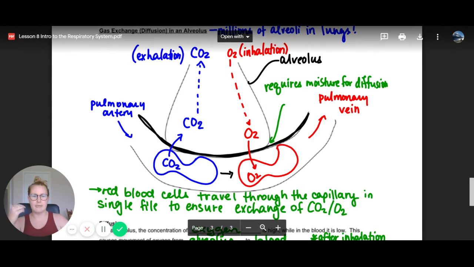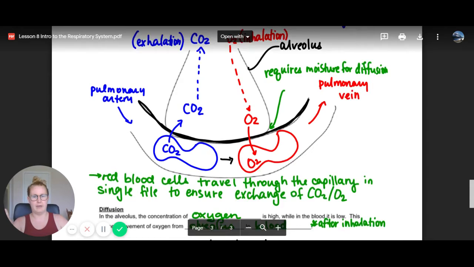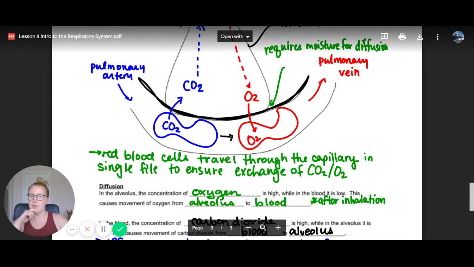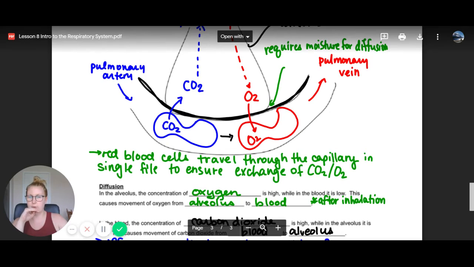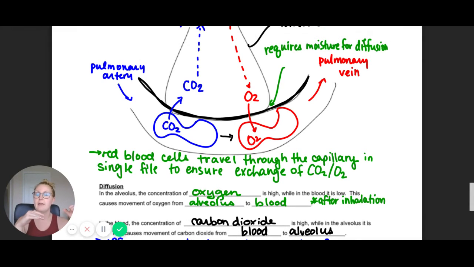So more about this inhalation, exhalation a little bit later. I just want to mention here, the red blood cells are moving through in single file. And I had mentioned in our blood vessels lesson 6, I believe, that we want to really slow the blood down. So part of why we have it going one at a time, single file, is that we really don't want them to rush through and then not actually exchange their CO2 for oxygen.